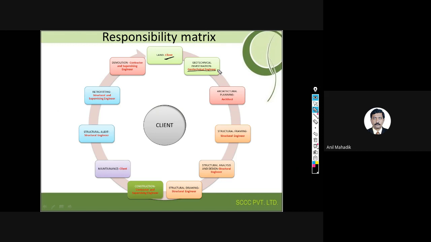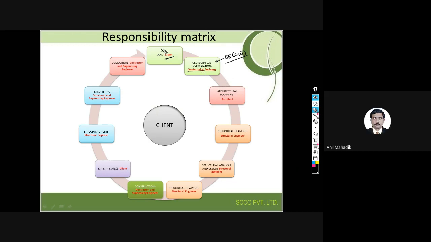All of you know who is a geotechnical engineer? What is the qualification of a geotechnical engineer? Yes, MTech in structure, MTech in geotechnical, geological. See, MTech is not compulsory for doing anything. BTech is enough. So civil engineer, I would say. Civil engineer is there.